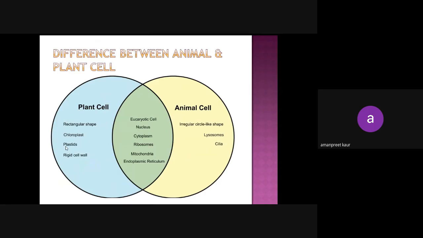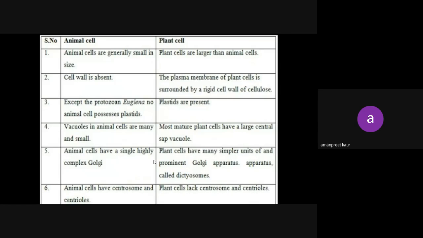Plant cells also have plastids and a rigid cell wall, but animal cells have cilia. And these are some organelles common to both types of cells: nucleus, cytoplasm, ribosome, mitochondria, and endoplasmic reticulum. There are also some other differences between animal cells and plant cells.